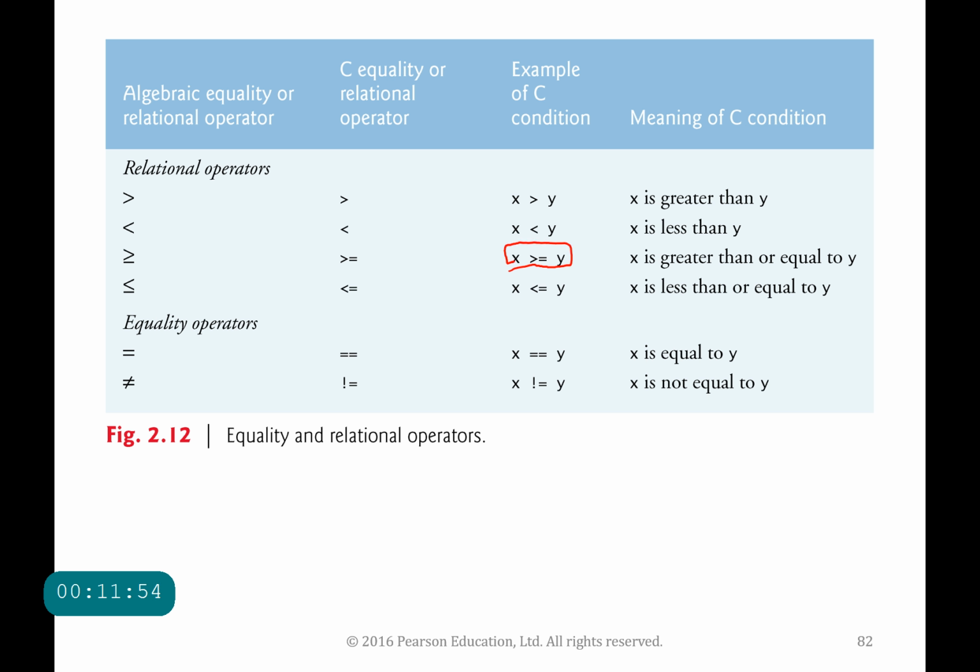And then equality operators. If you want to check whether x is equal to y, you will have to use a double equal. And if you want to check whether x is not equal to y, you would write that as x exclamation point equal to y. What that means is you're asking the computer to check whether x is not equal to y. So it will be true when x and y are not equal to each other, and false if they are equal to each other.